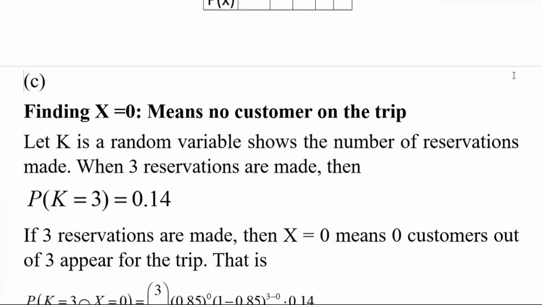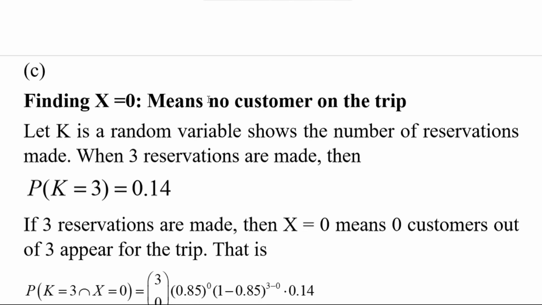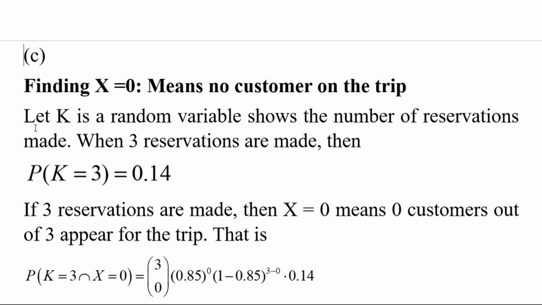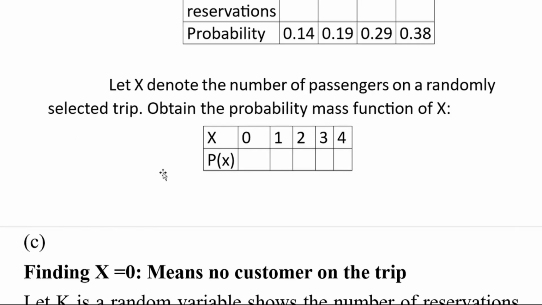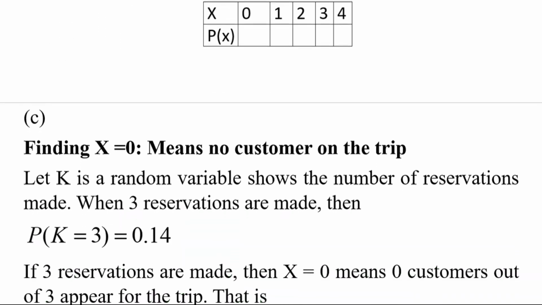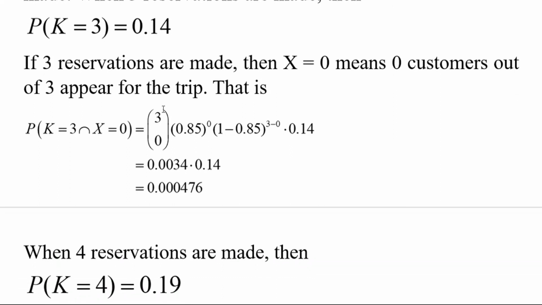So, let's get started. X is equal to 0 means there is no customer on the trip, the limousine is empty. So, let us define one more random variable k that shows the number of reservations made by the company. When 3 reservations are made by the company, then k will be equal to 3 and probability of k equal to 3 is 0.14, right? So, if 3 reservations are made and x is equal to 0, it means out of 3 reservations, 0 customers appear for the trip.